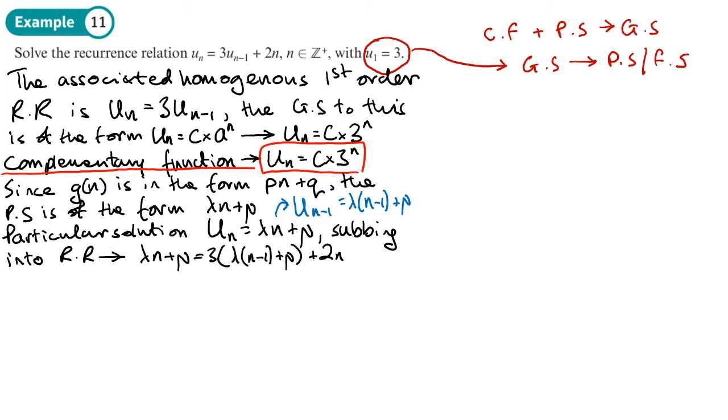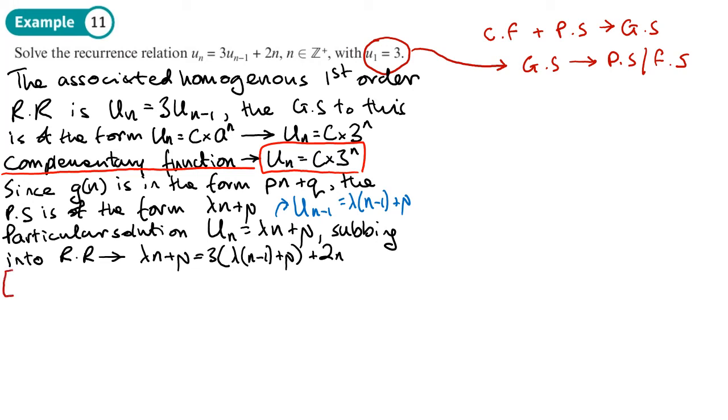Now we need to find lambda and mu, so we need to form an equation or equations that will allow us to do that. Since the constants are lambda and mu and n is the variable, we are going to rearrange this to group together the n terms and the non-n terms, and you'll always do this.